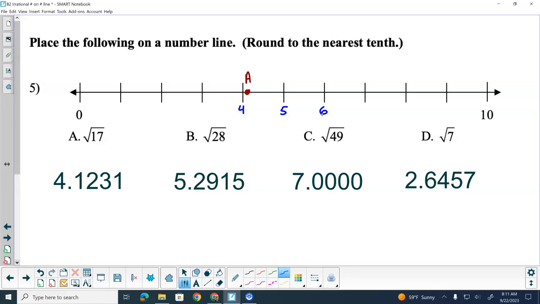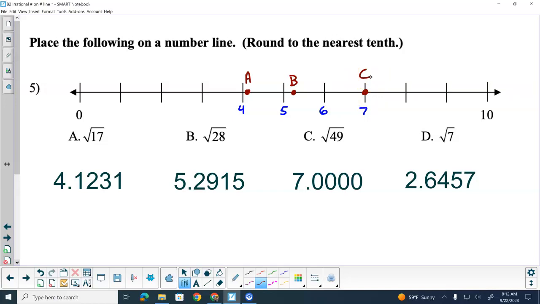Closer to 5. Yep. C was exact. It was 7. So that one we can put right smack dab on 7.